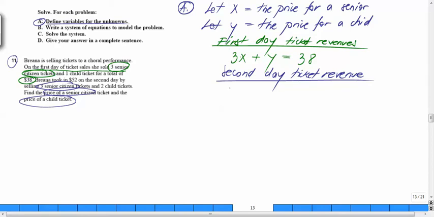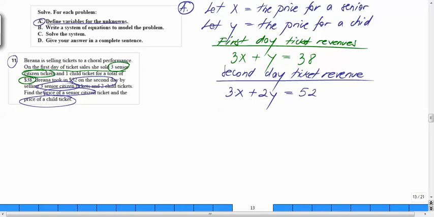So it'll be 3X plus 2Y, and she took in, for whatever fund or organization she's doing this for, how many dollars? $52.